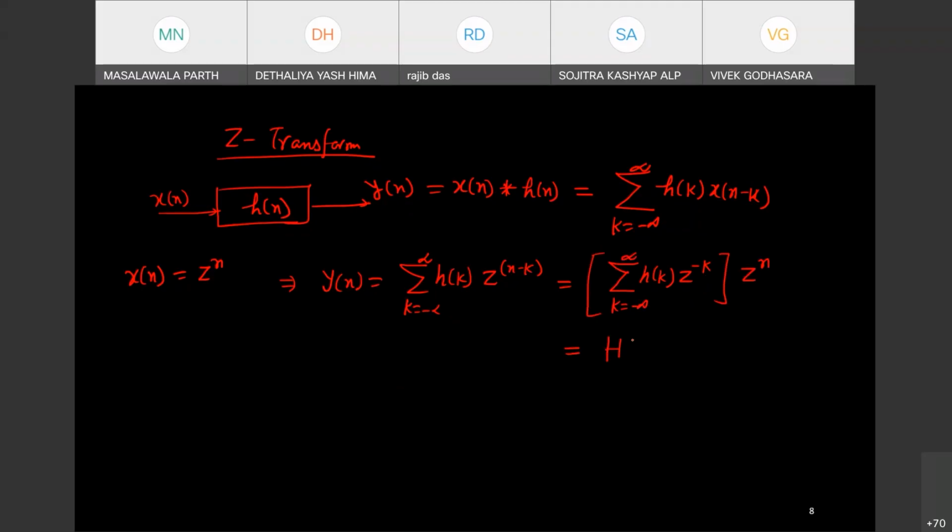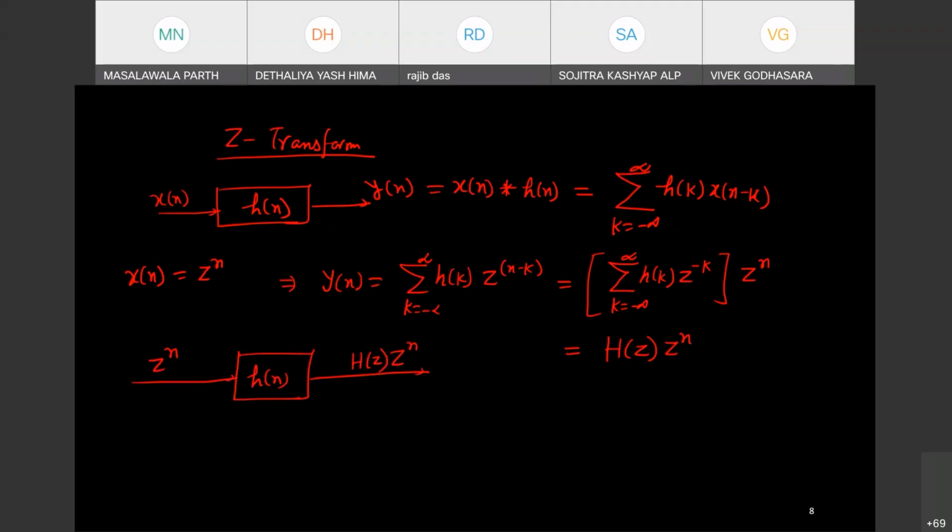We write capital H of z times z to the power n. Right? So what does it imply? If I have a system h of n and I apply the z to the power n sequence, we'll get again z to the power n, but only multiplied by H of z.